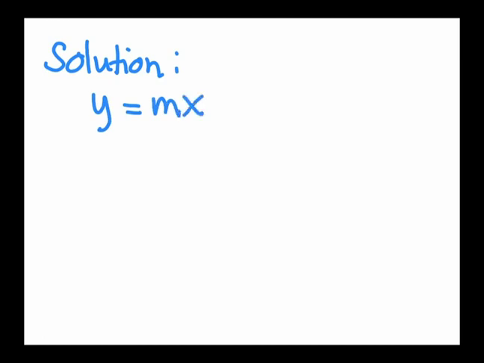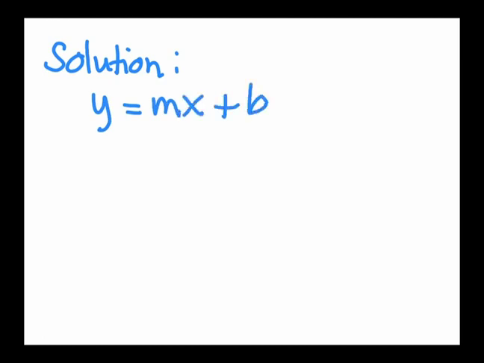Okay, we'll now determine the equation of the line in standard form. Since we are given the slope and the y-intercept, then we would now be using the slope-intercept form of the equation of the line, given by this equation: y is equal to mx plus b.